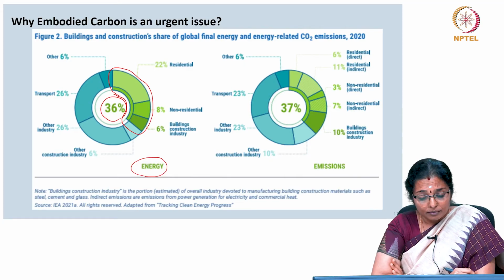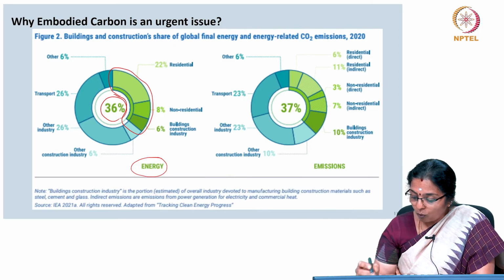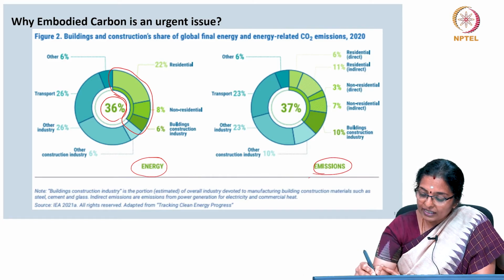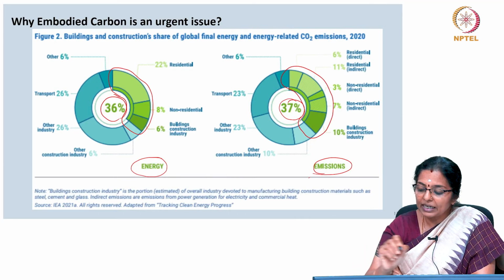So, buildings, they sort of consume 36% of embodied carbon. And what are the emission percentages? If you look at this, 37% of GHG emission comes from the building industry.